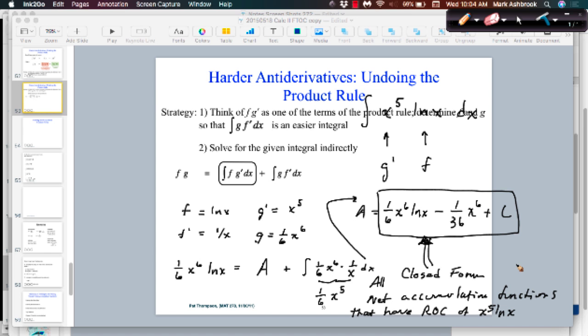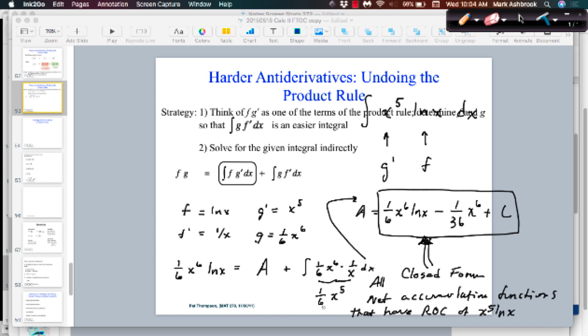And then we'd have one particular net accumulation function, starting from some a, that has that rate, x to the fifth ln x. Okay, so don't lose sight. We're getting into all this algebra and following the rules, but the most important thing is that we're finding a closed form version of the net accumulation function for that rate of change, x to the fifth ln x.